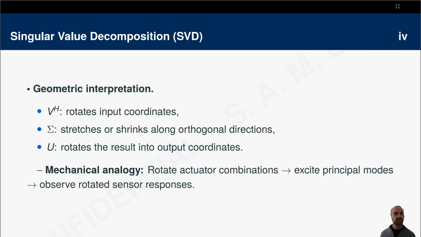This makes sense because we need to somehow rotate inputs to align them with outputs, and then measure how it shrinks or stretches. So we have this rotation and then amplification or reduction in the input energy.